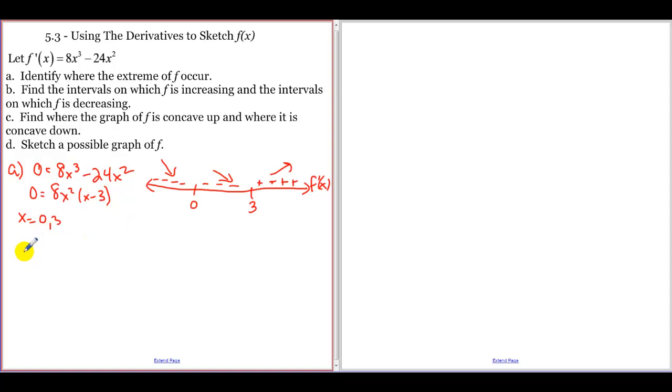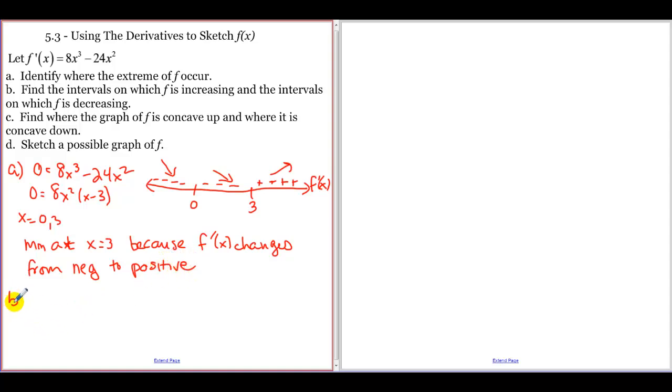We are going to have a min at x equals 3 because f prime of x changes from negative to positive. Now part B, intervals where f is decreasing and intervals where f is increasing.